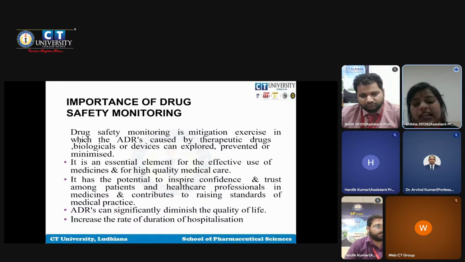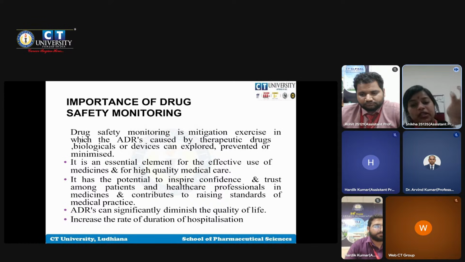Next, ADRs can significantly diminish the quality of life. If you are having any kind of ADR, sometimes we just ignore very serious ADRs. Suppose you are having rashes from any medication, any kind of antibiotic you are taking, and you ignore that rash, that can be very lethal to you. That can be dangerous if it is ignored. Rashes or any kind of skin problem need proper care and proper treatment.